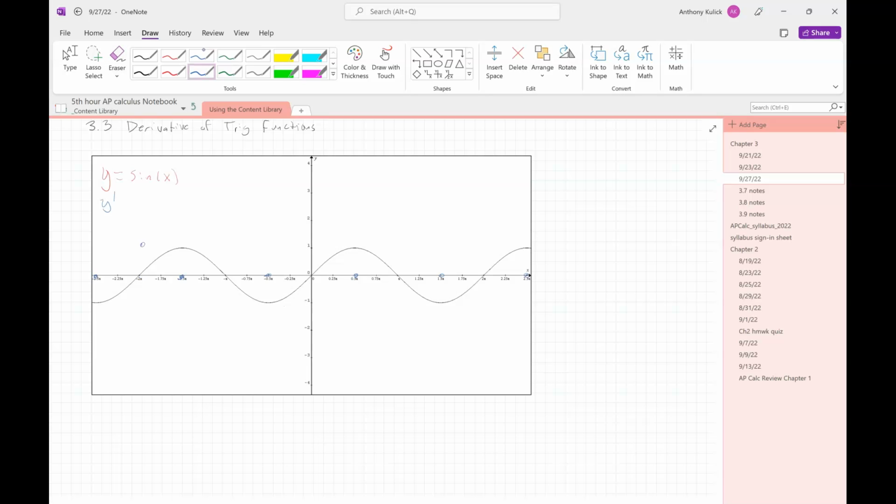Down here, the slope would be about -1, over here +1, down here -1, and then +1. If I connect this together, what does this start to look like to you guys? Cosine. You're dead on. Let's see if we can prove that.